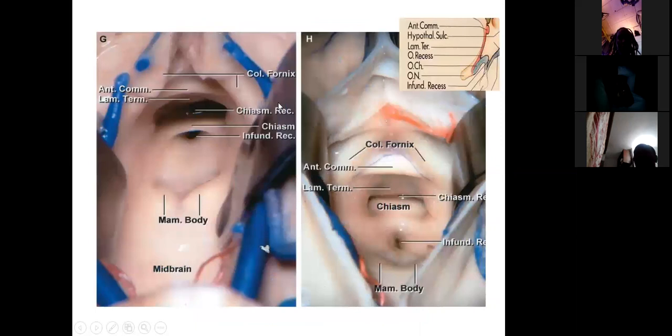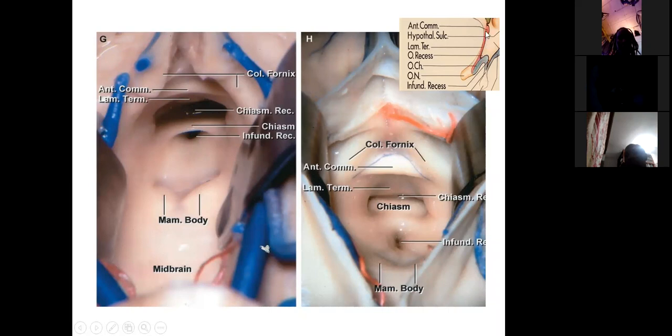Further opening the third ventricle, we see the anterior commissure, which is part of the anterior wall of the third ventricle. We can see the lamina terminalis just below the anterior commissure, and the chiasmatic recess just ahead.